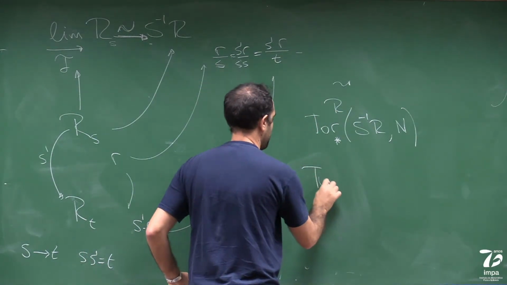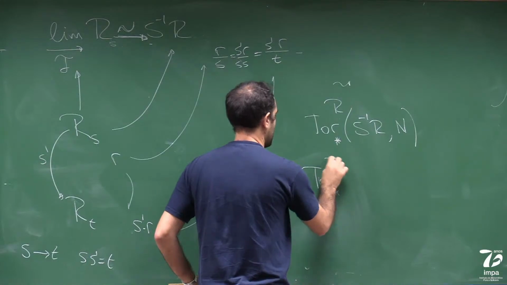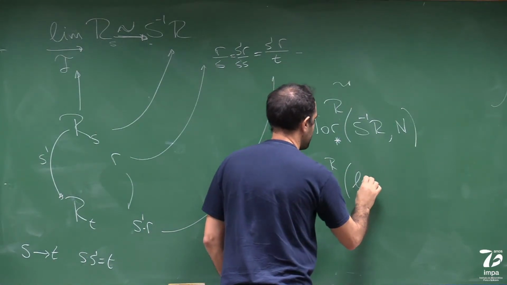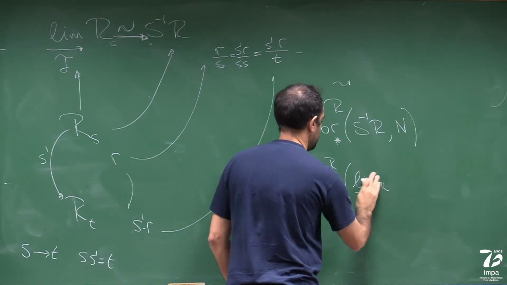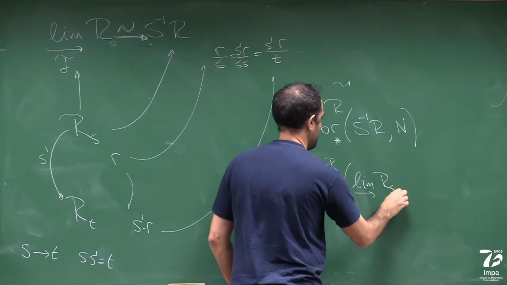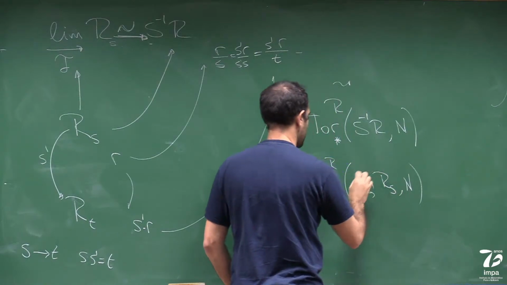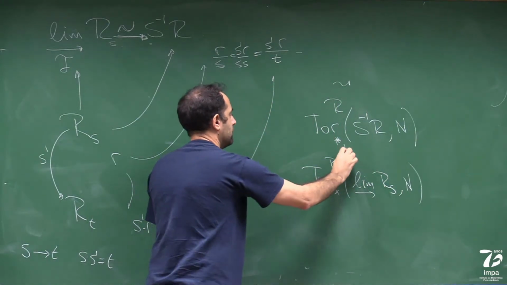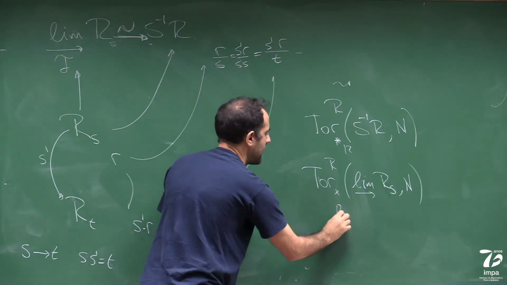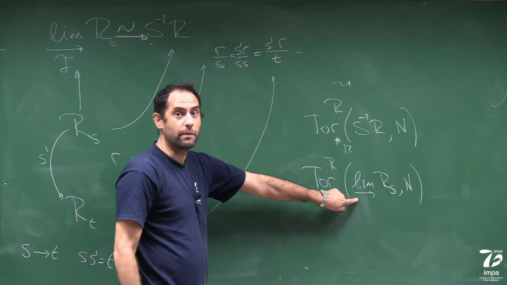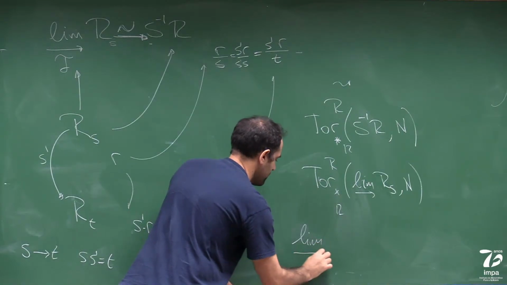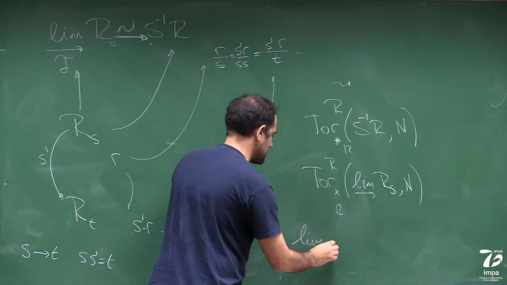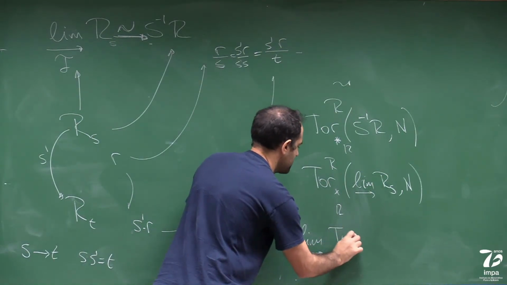This is Tor with coefficients in the R module N of a colimit. And we checked that Tor commuted with colimits a couple of classes ago. So this is the colimit of this.